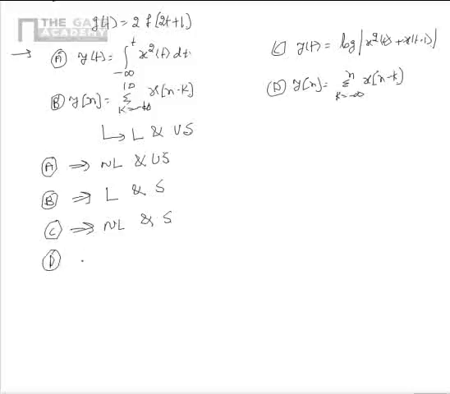And if you take option D, in this case, the system satisfies superposition principle, so linear, and it is not stable in BIBO sense, hence unstable. From this, we see that option D fits the requirements. So option D is the one where the system is linear and unstable.